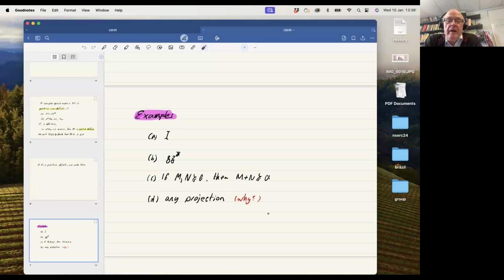One way of seeing it is that a projection, the way I've set it up, is a sum of rank 1 matrices, a sum of matrices of the form z z star. And so when you take x star times the projection times x, you're taking the sum of x star z z star x, and so that sum is non-negative, and so projections are positive semi-definite.